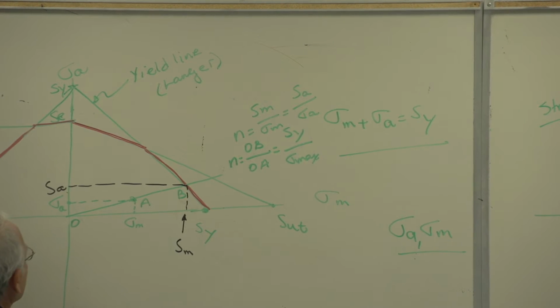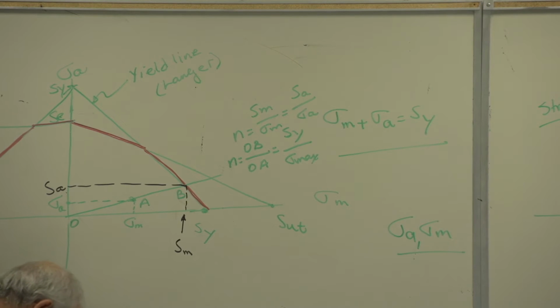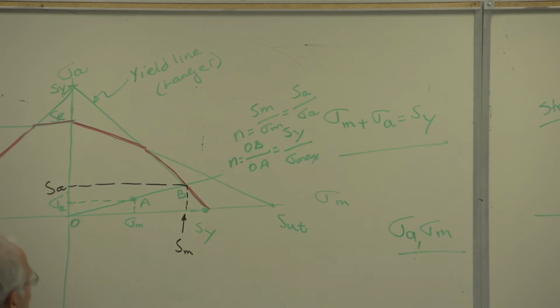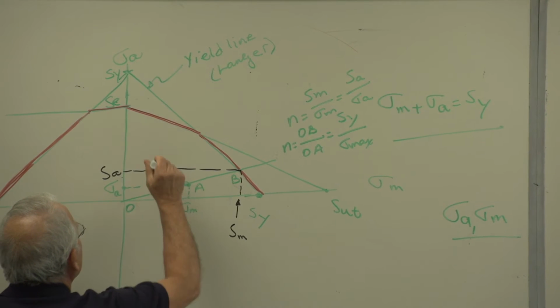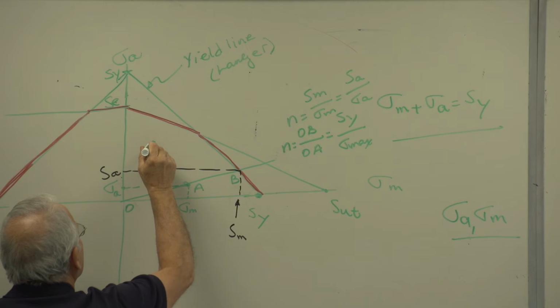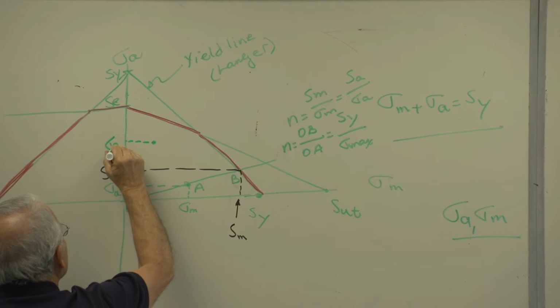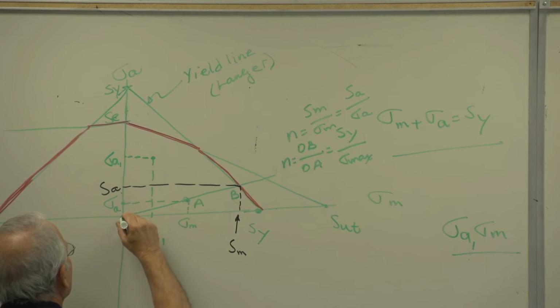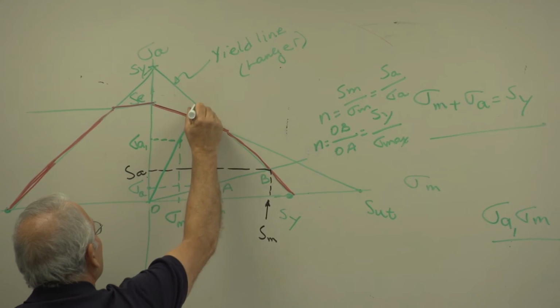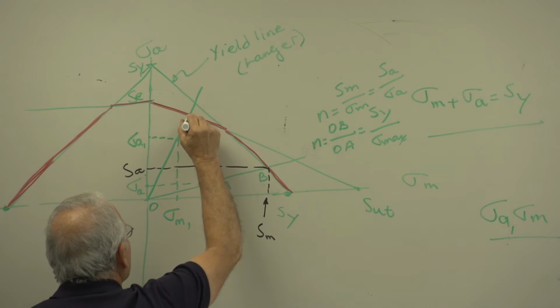Point plots here. I'll call this sigma A1, sigma M1. There's my load line. Those are my strength line.